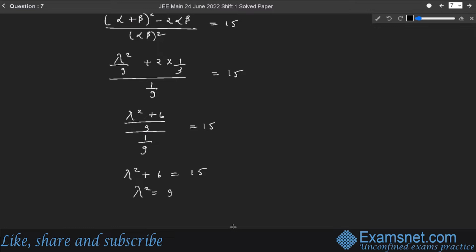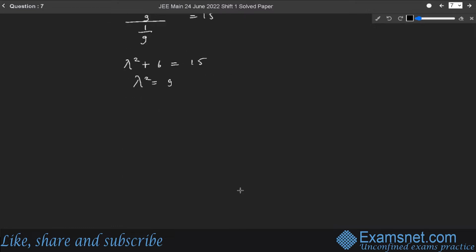Now we have to find the value of 6 into (alpha cube plus beta cube) whole square. It can be written as 6 into (alpha plus beta)(alpha square plus beta square minus alpha beta) whole square.